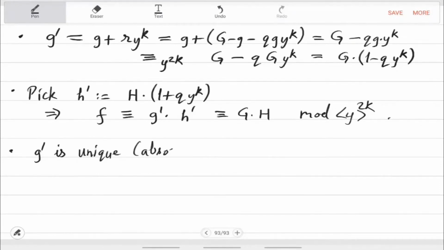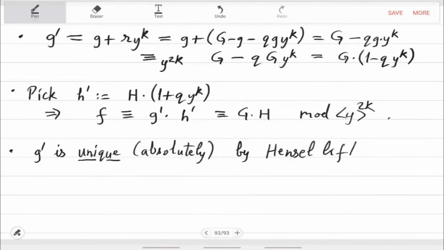So absolutely, by Hensel lemma, by Hensel lifting, and the fact that it is monic.